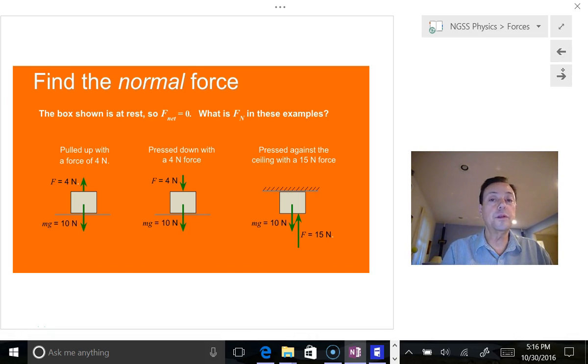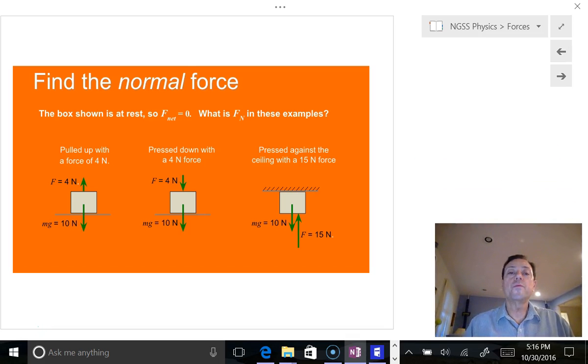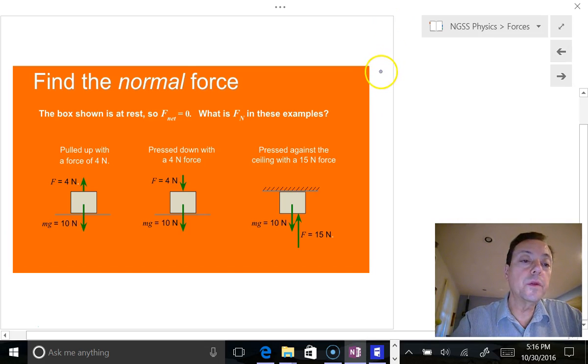What is the normal force in these examples? Well, in general, we have an applied force up and a weight acting down. So for the first example, the net force is 0, and that's equal to F minus the weight plus the normal force.